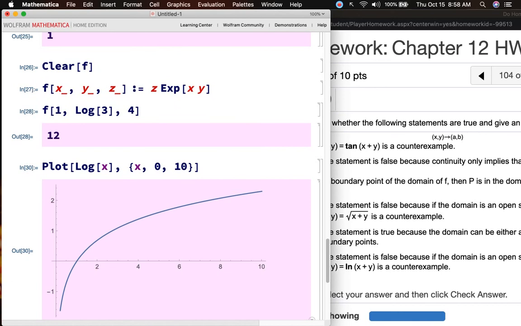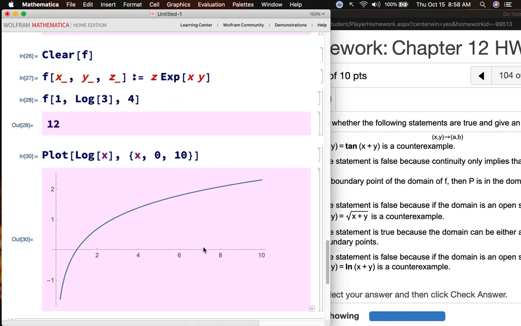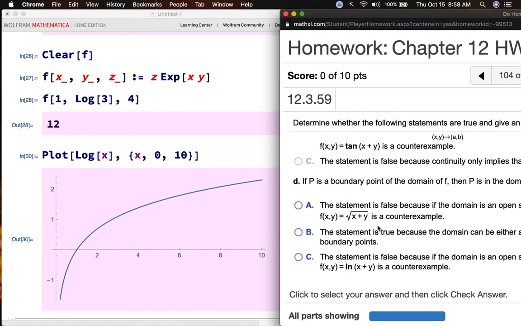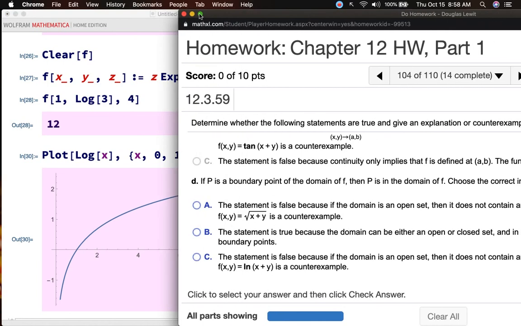I can see from the graph that 0 is a boundary point of the natural log function. However, it is not included in the domain of the natural log function. So this is definitely going to be false.